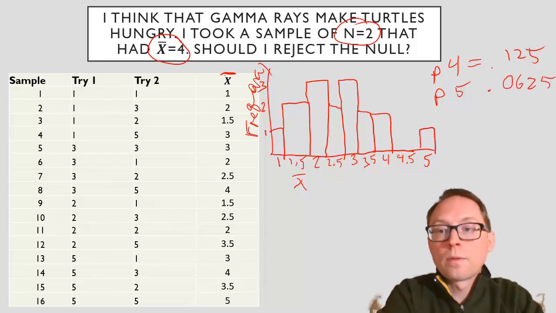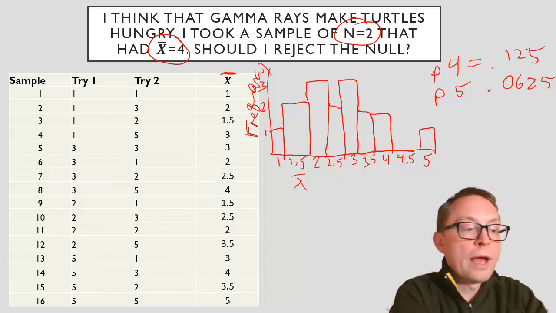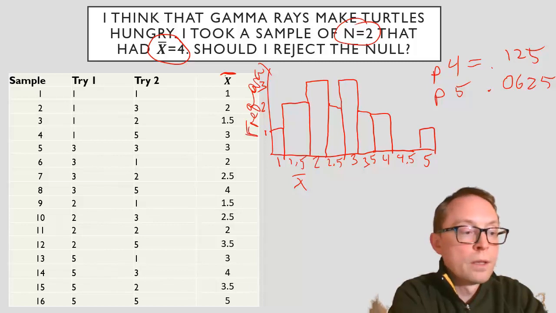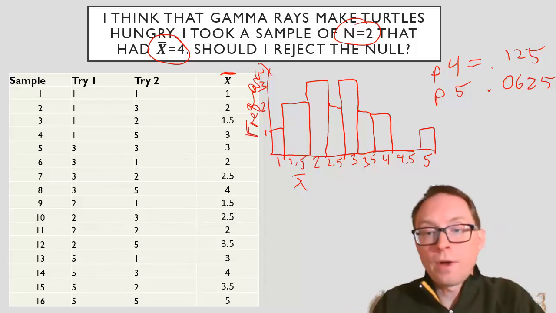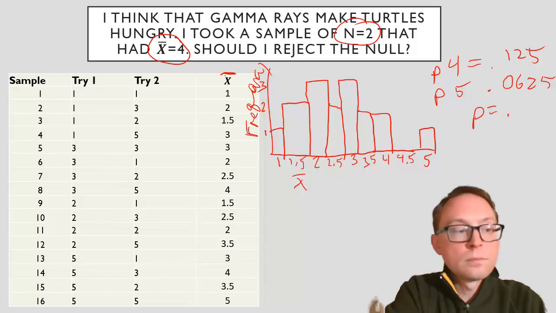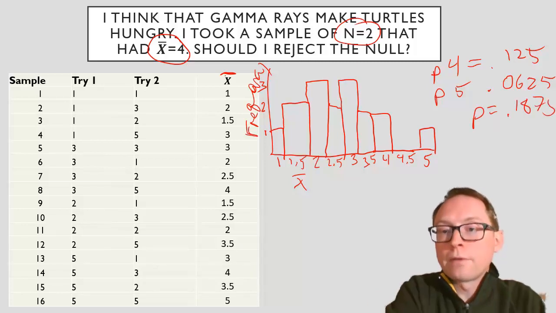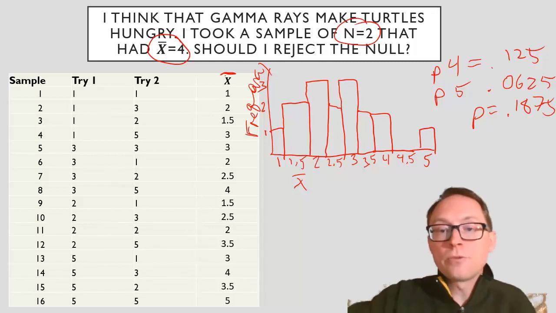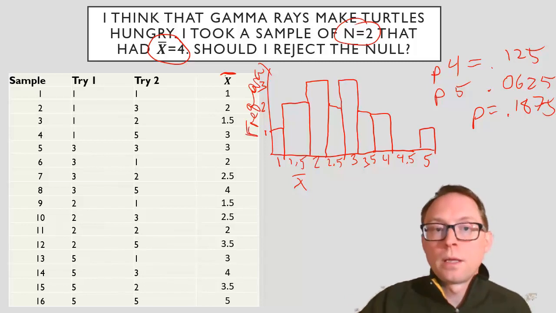And so when you add those up, the probability of getting the mean of 4 or something more extreme is 0.125 plus 0.0625, which is 0.1875. That is the probability of getting a mean of 4 or more pizzas if the null is true.